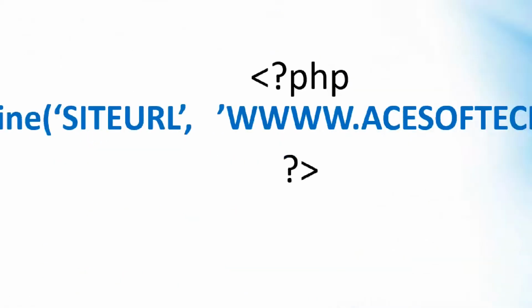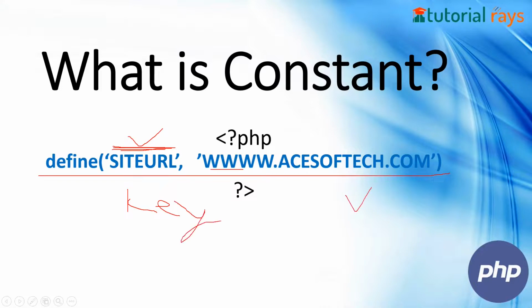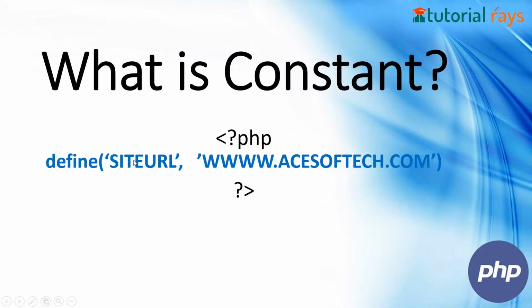This is the process, the way of defining a constant. You need to declare an identifier, and then its value. So it is a key and a value. Let me show you with a practical example.